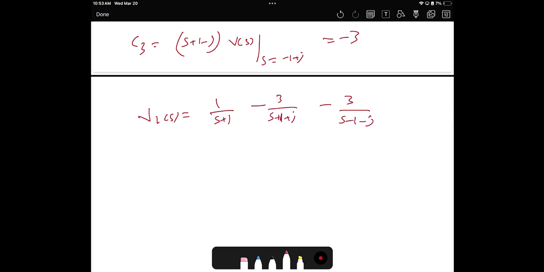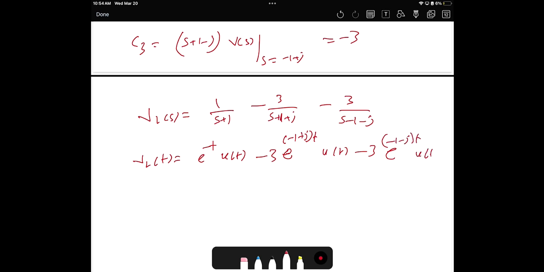Then we do the Laplace inverse for that, VL of t will be e to the negative t U of t, minus 3 e to the negative (1 plus J) t U of t, minus 3 e to the negative (1 minus J) t U of t.